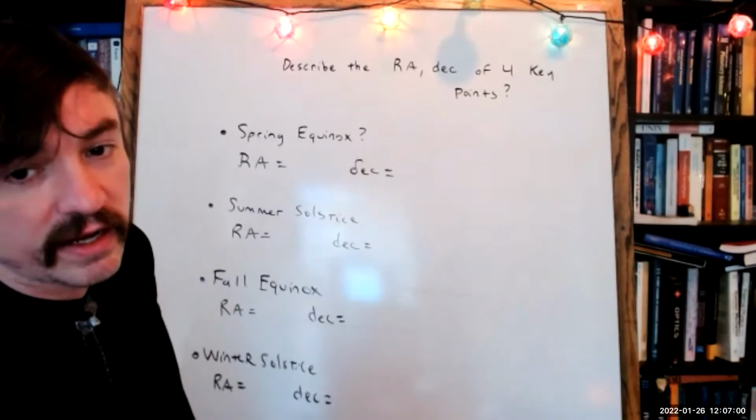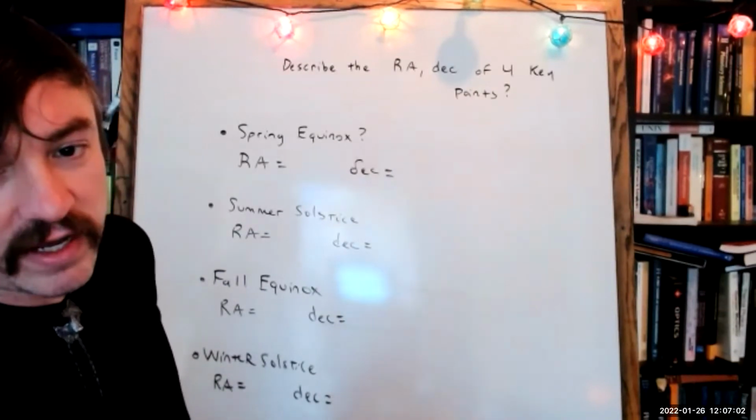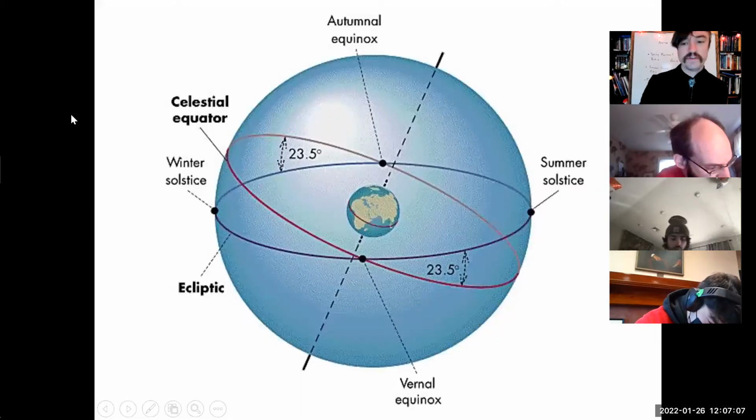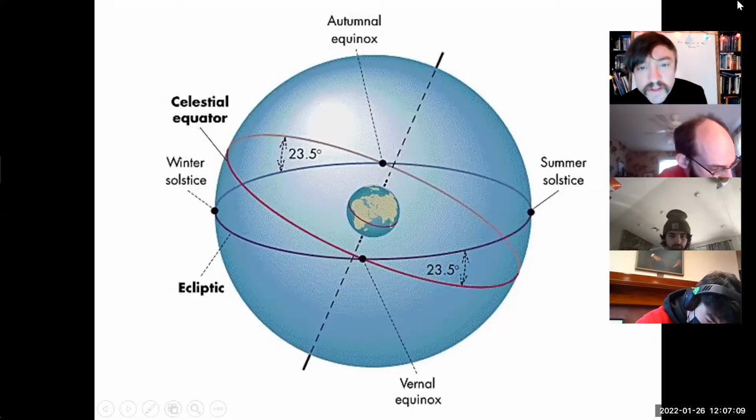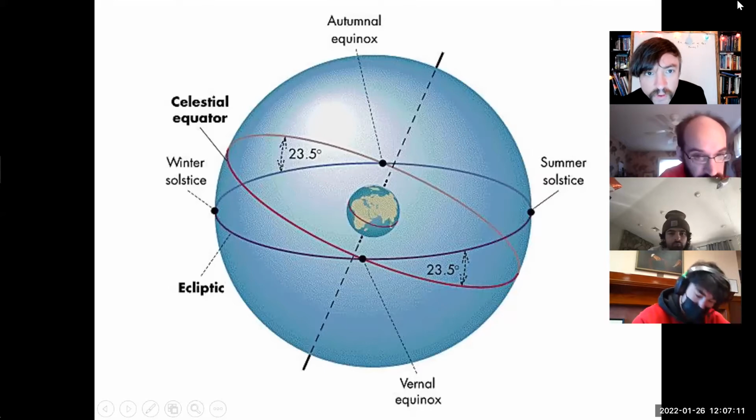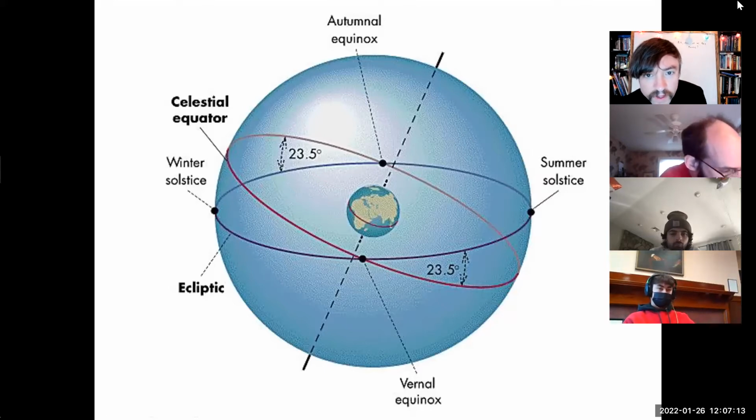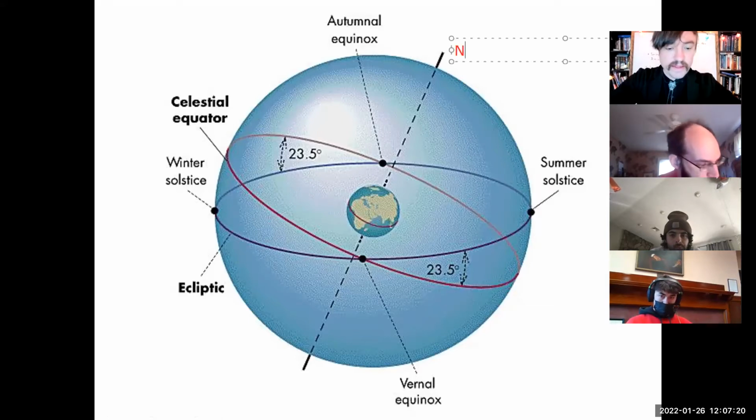This ought to be a little bit of an adventure. Let's grab a picture of the celestial sphere. Okay, this one's tilted so that the north celestial pole is over here, tilted by 23.5 degrees. So up here, that's the NCP.